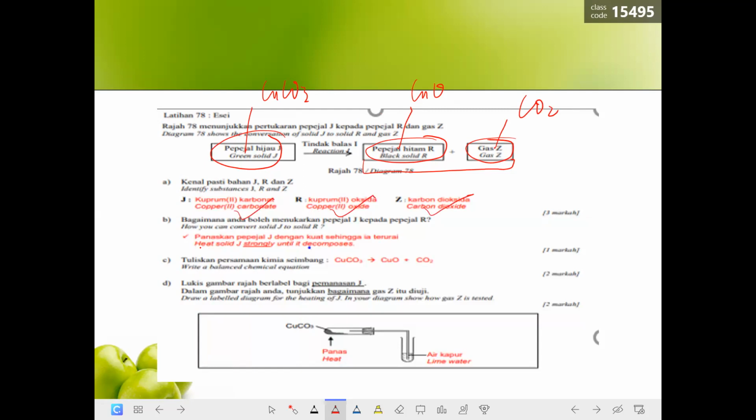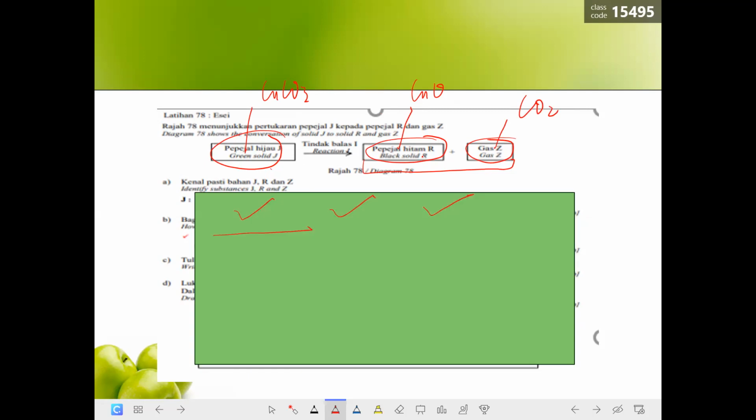Yeah, good. How do I convert the J to R? I told you already. Who wants to give teacher the equation? How can I convert J to R? Who would like to give me the equation?